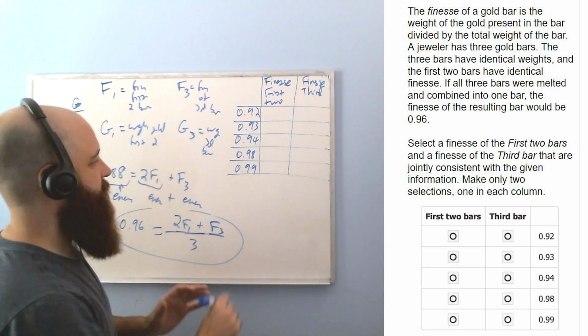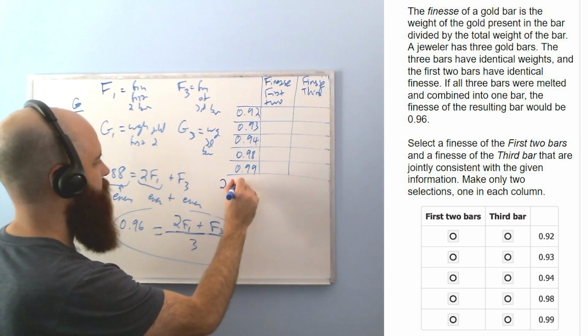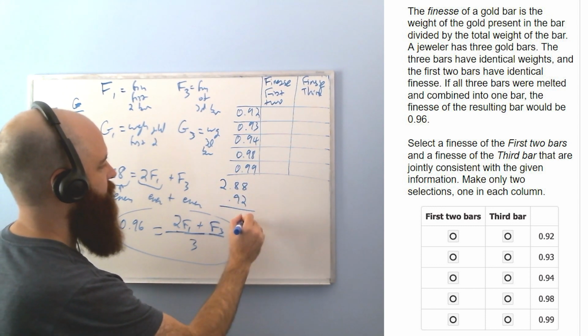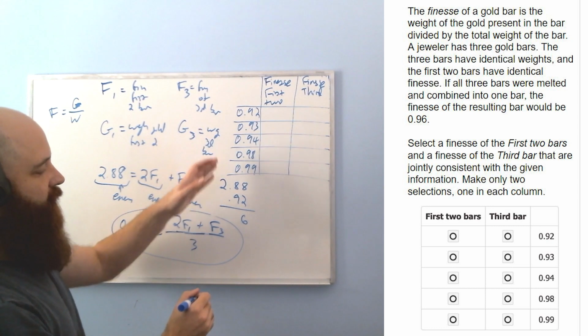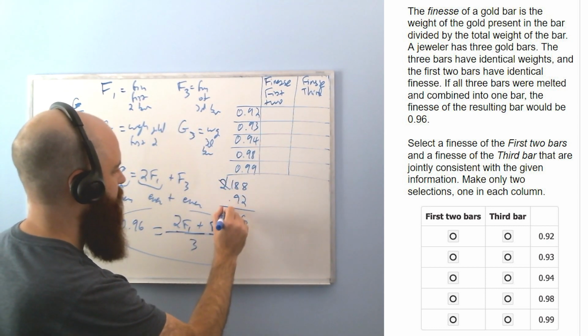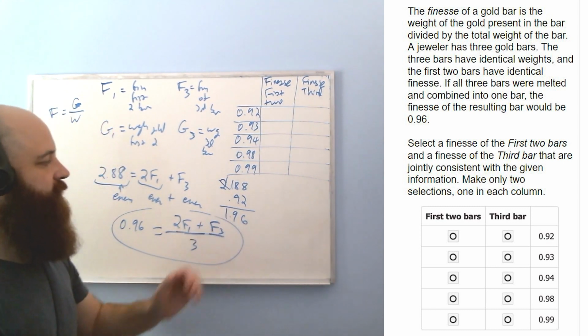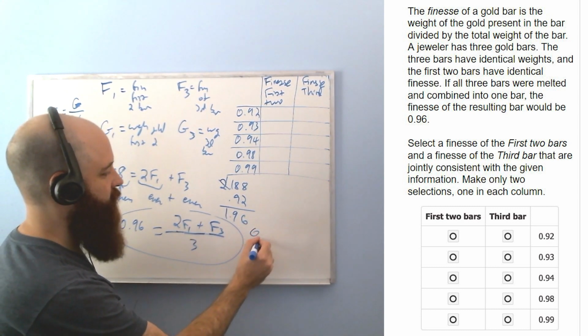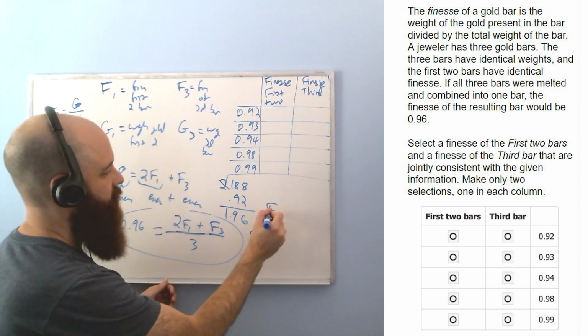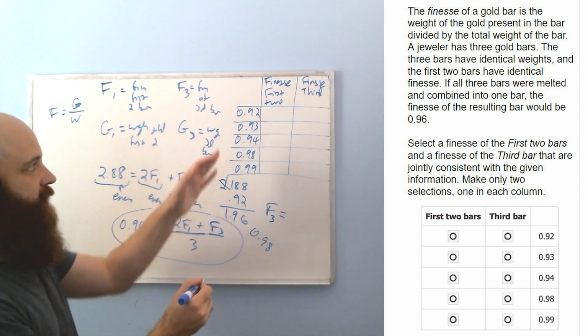You want to make sure maybe I didn't make some silly mistake along the way. So 2.88 minus 0.92, that ends in a 6. And there are things here that when I multiply them by 2 will give a 6. Okay, so this could work. I get 1.96. If I divide that by 2, I get 0.98. Okay, cool. So again, I narrowed the possibilities for f3 down to the ones that end in an even digit.